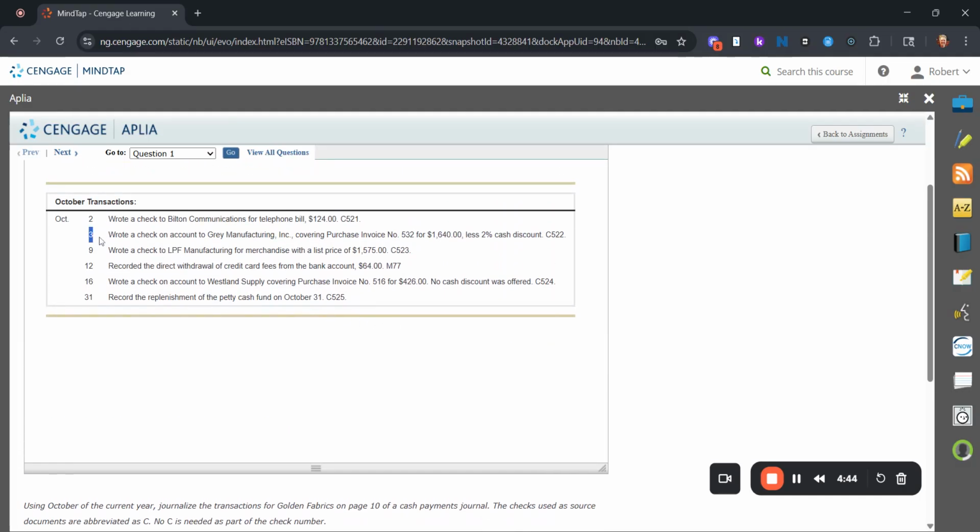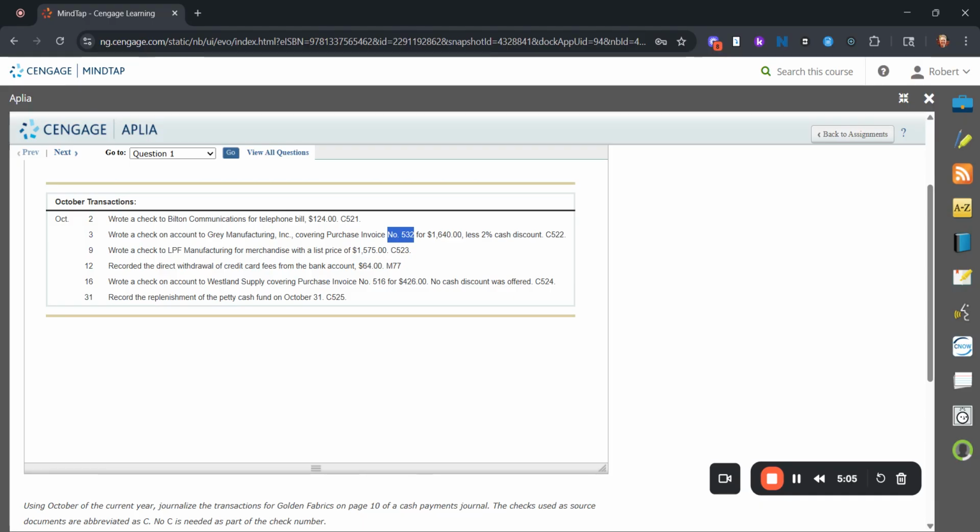Okay, so the next one is October 3rd, wrote a check on account to Gray Manufacturing, covering purchase invoice number 523 for $1,640, less a 2% discount.